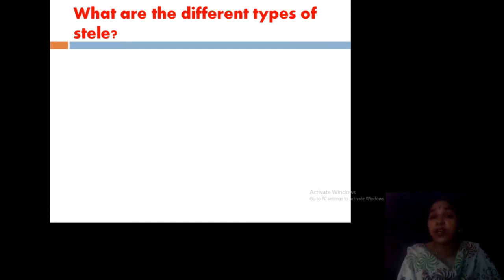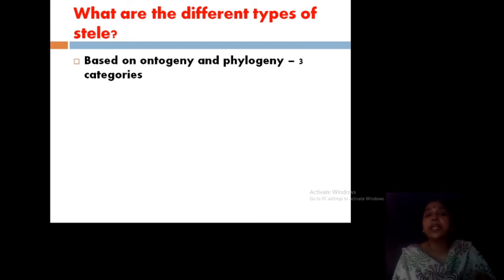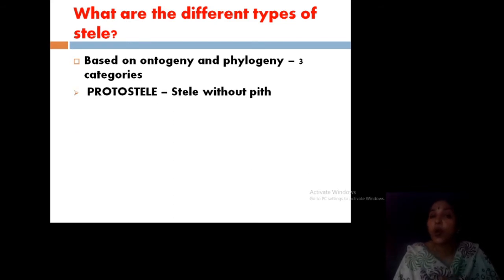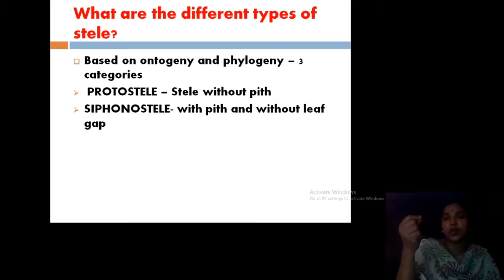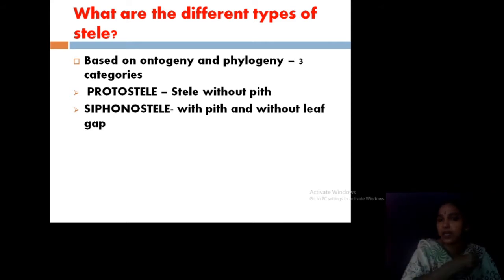So, what are the different types of stele? Okay, based on the ontogeny and phylogeny, that is the origin and evolution, there are three important categories. They are protostele, that is stele without pith. Pith is the central sterile portion. Stele without pith is protostele, the very basic primitive type. Stele with pith and without a leaf gap is siphonostele. A leaf gap is the portion at the junction where the leaf trace or leaf is attached.